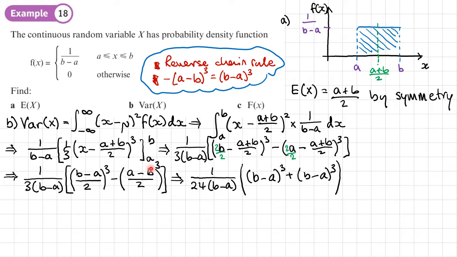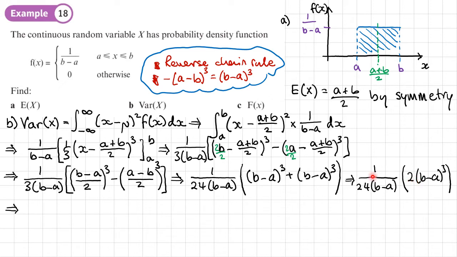Now because the identity says that a minus b cubed, or the negative of that, is equal to b minus a cubed, we could take the negative over to this side. So actually the top of this becomes a negative. We've already got a negative here, so now it comes plus. So now in the brackets we've got 2 lots of b minus a cubed, and we're pretty much done now.